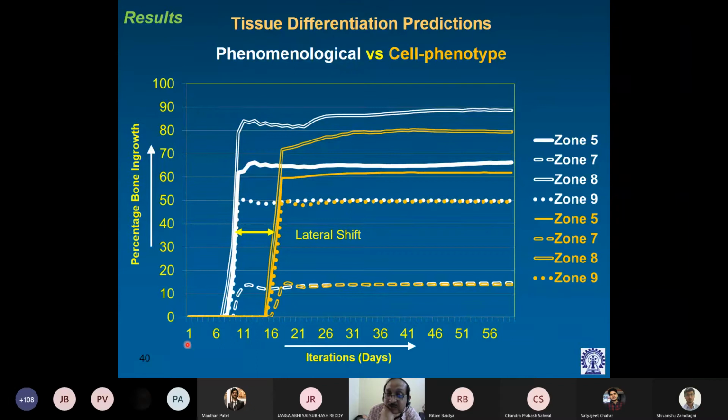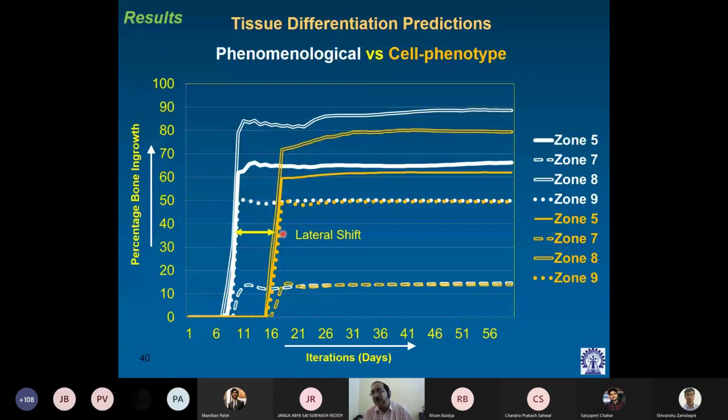If you look at the detailed iterative steps, you see that it is basically moving in the same manner with a lateral shift between the two, almost like a lag between the two processes. So obviously, you can conclude that the cell phenotype model has a delayed response to the whole procedure of tissue differentiation.